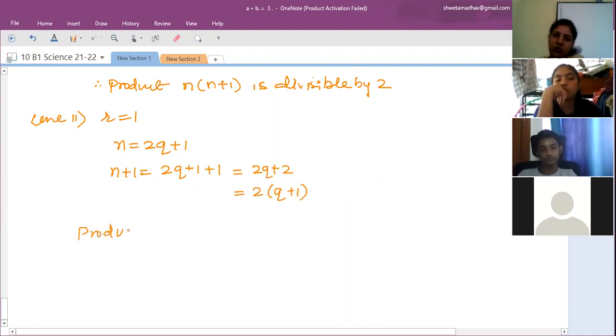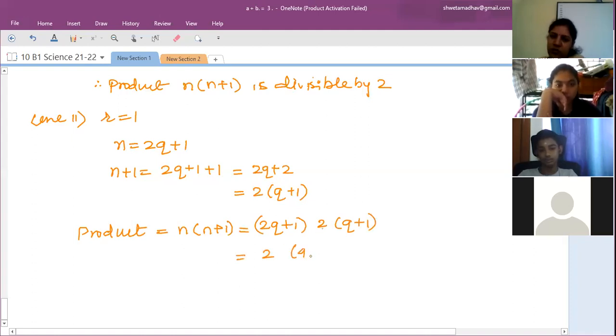So now the product is n into n plus 1. So what is n? 2q plus 1 into 2 into q plus 1. So this 2 we can write outside: 2 into q plus 1 into 2q plus 1. So this we can write as 2m, where m is q plus 1 into 2q plus 1.